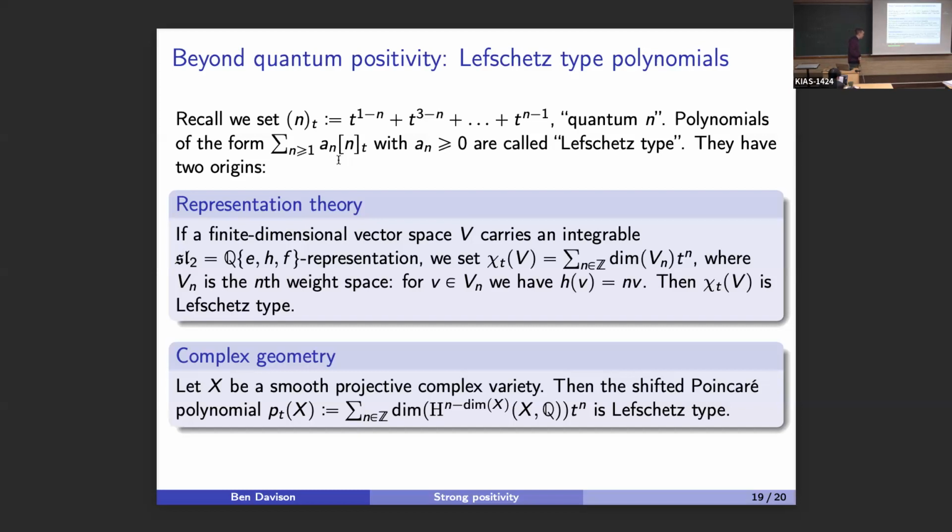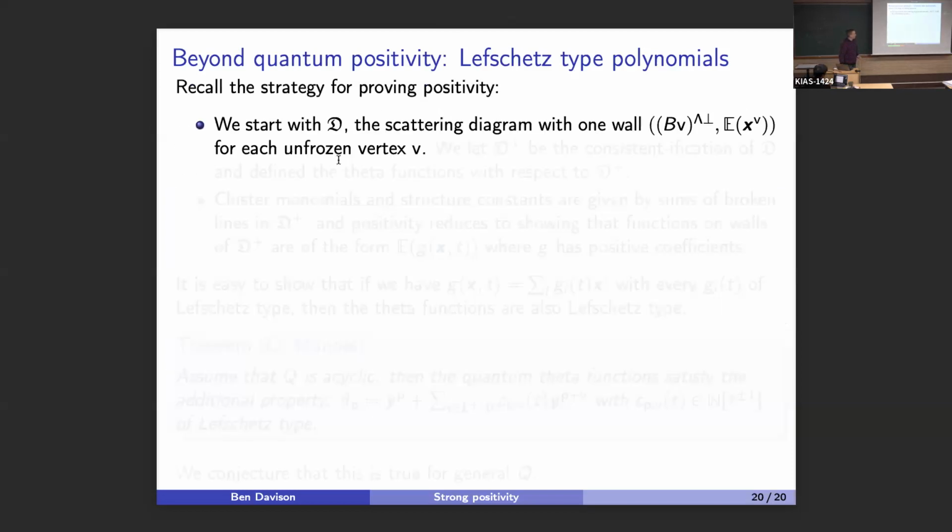The hard Lefschetz theorem tells us that, since I've shifted the grading of this vector space so that it's symmetric around the origin, there's an isomorphism between the minus ith piece and the ith piece via a sequence of morphisms that pass through all of the ones in between, the same parity. So you can get from that to the claim that this shifted Poincaré polynomial is of Lefschetz type. That's where the name comes from.